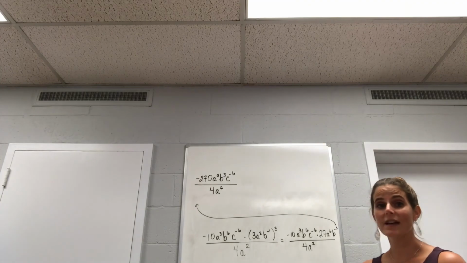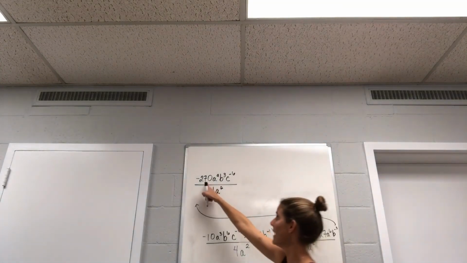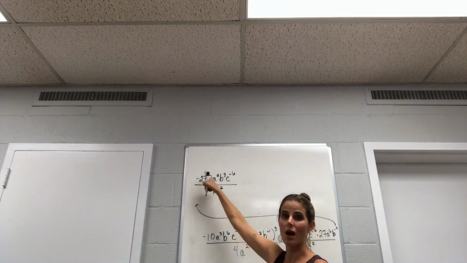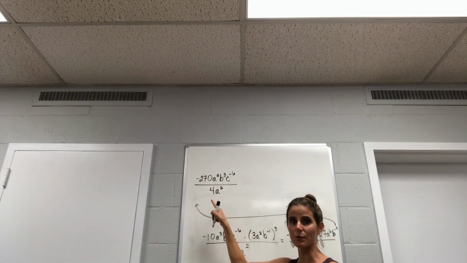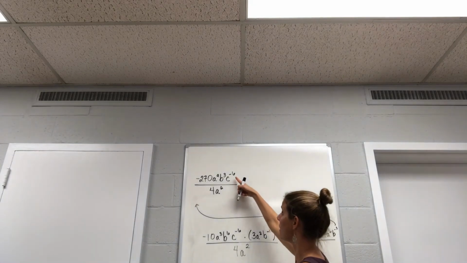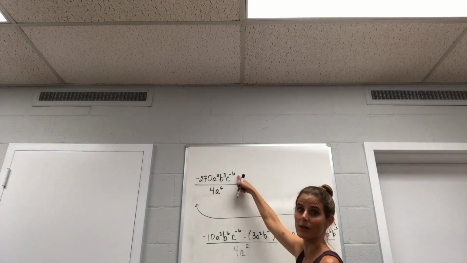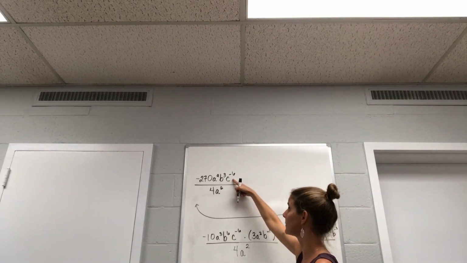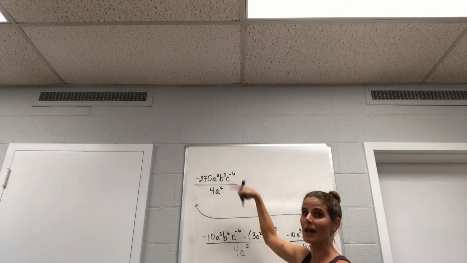Okay, the only things that I have left to do are I have this coefficient over 4. I can simplify those. They're both divisible by 2, so I can go ahead and simplify that. And then also this negative 6, I need to get rid of that negative exponent. So again, we take the reciprocal of the base, which is the c, and then drop the negative.